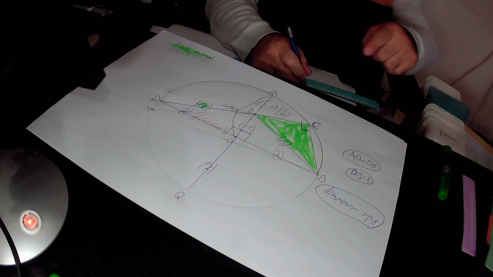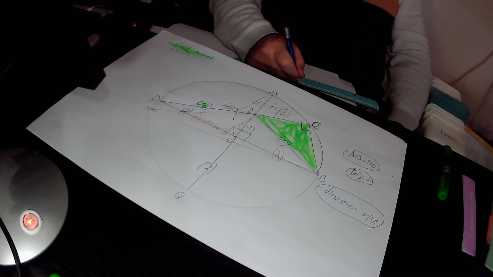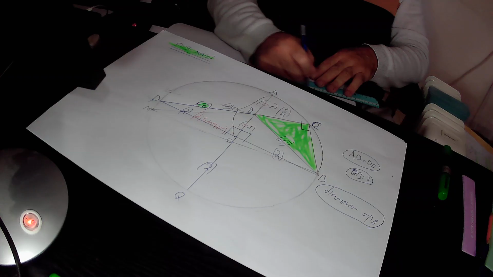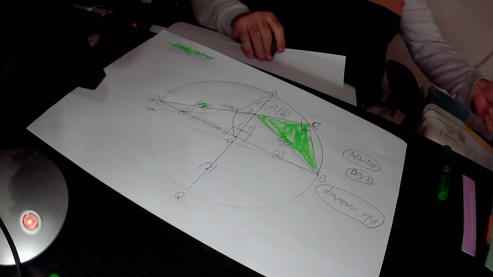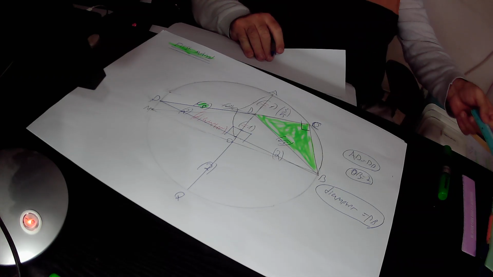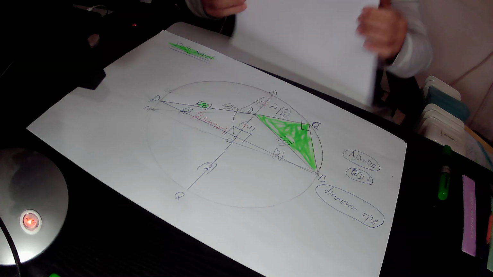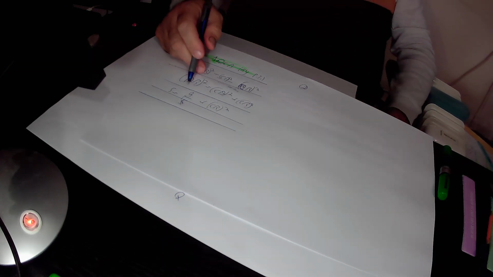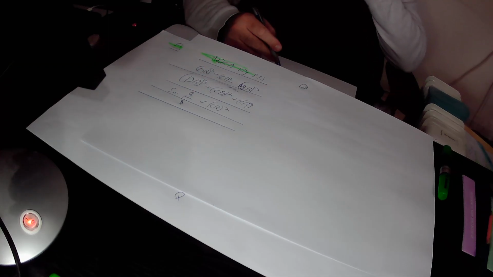Plus CB squared. CB is the missing side, so leave this as it is. So in total, we found that 5 equals 9/5 plus CB squared.